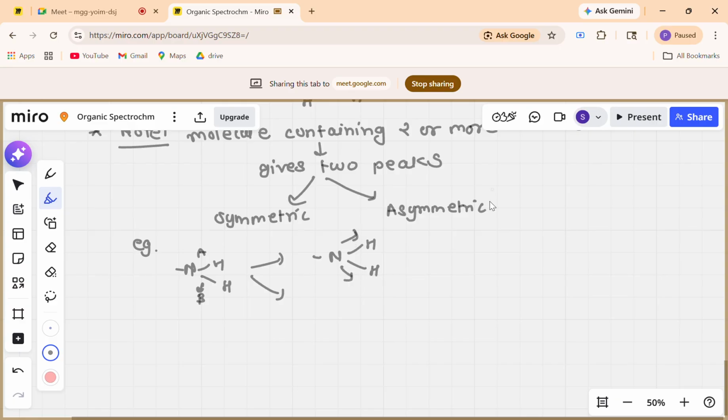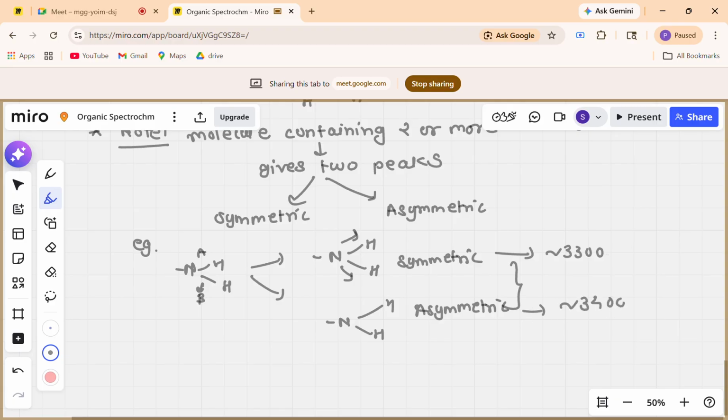One is where the stretching happens in a similar way, that is symmetric stretching, and in the other case the stretching will be asymmetric in nature. So the corresponding stretching frequencies will vary from each other. The symmetric stretching comes around 3300, whereas the asymmetric stretching value comes around 3400.